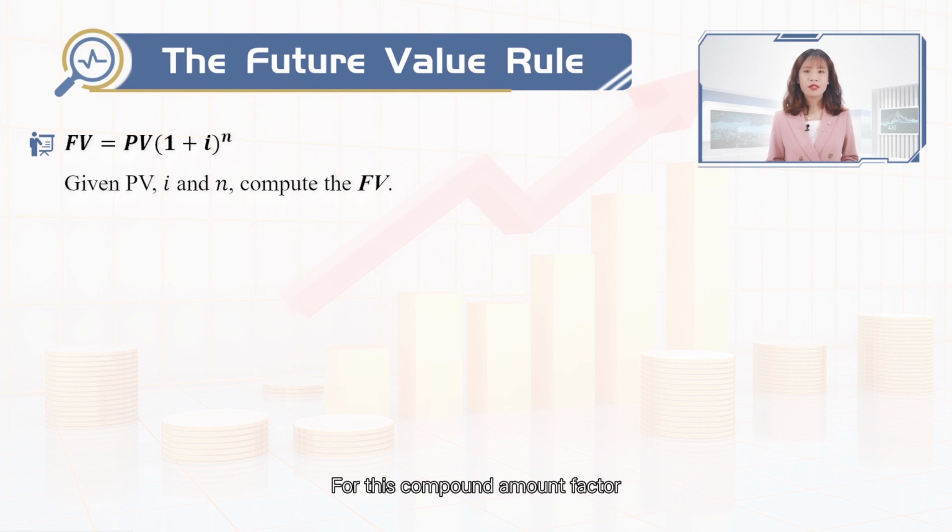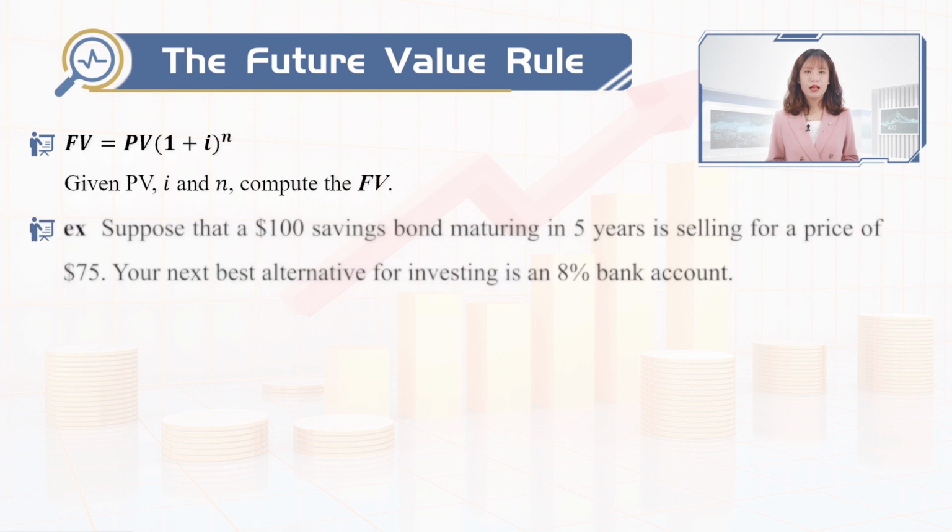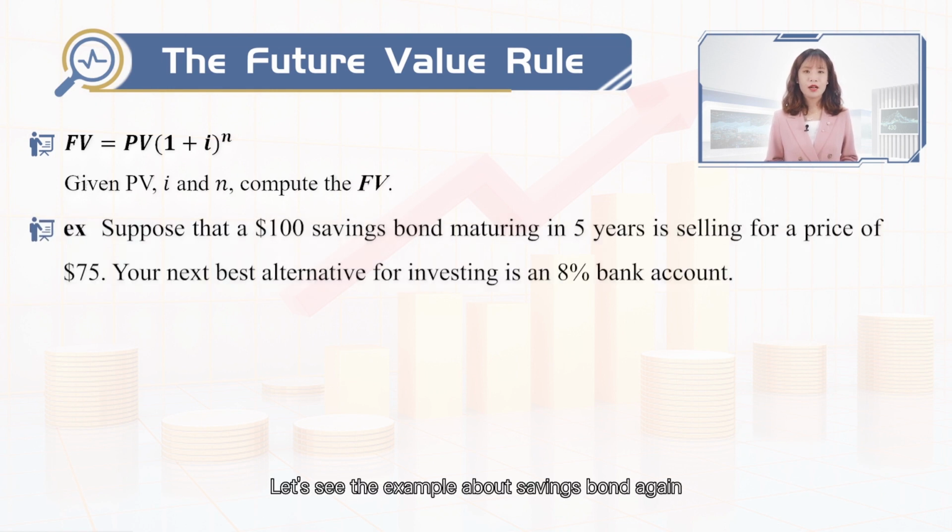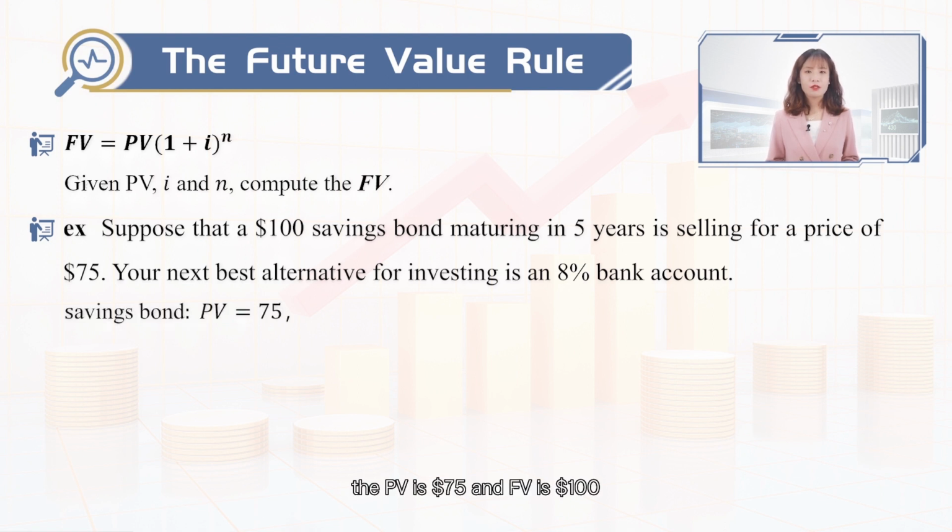For this compound amount factor, we can consider it in another way, using the PV, I, and N to compute the FV. Let's see the example about the savings bond again. For the savings bond, the PV is $75 and the FV is $100.